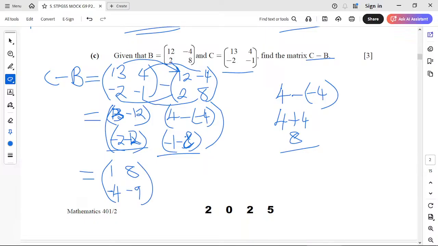Now this is the matrix when we subtract matrix B from matrix C, we get this matrix below, which is 1, 8, negative 4, negative 9. So basically that's how you work out this matrix.